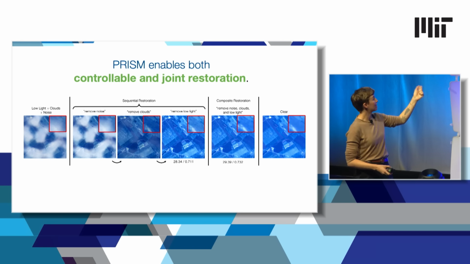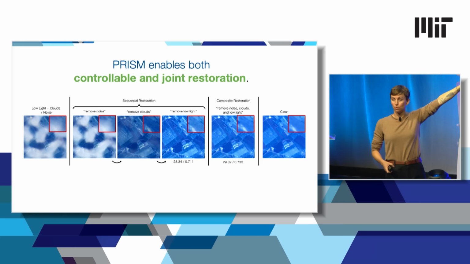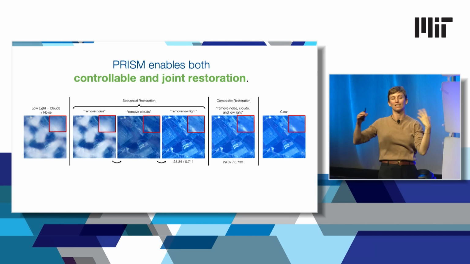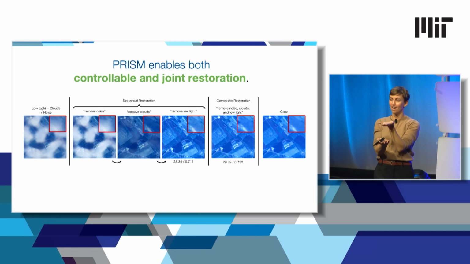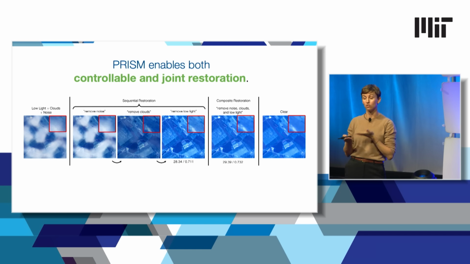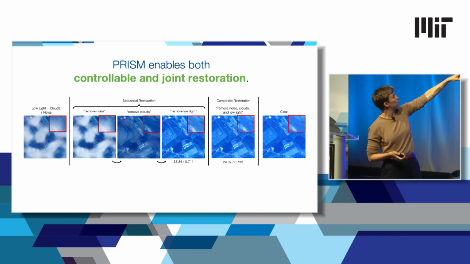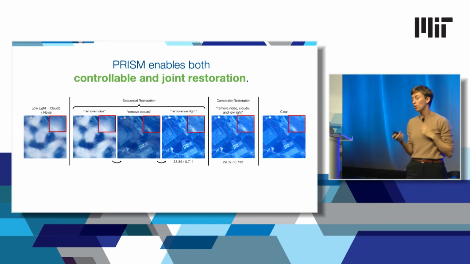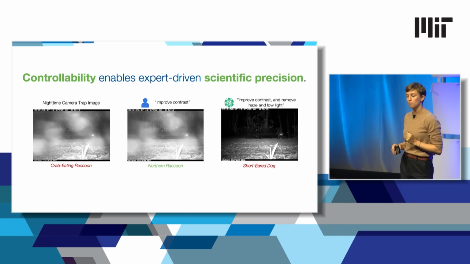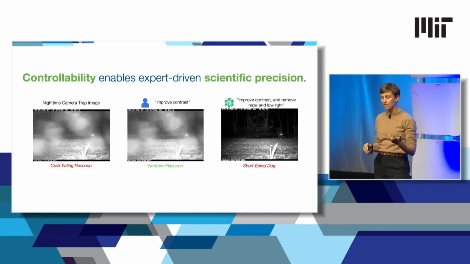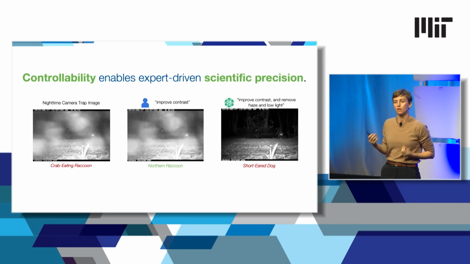And if we look at the true clear image, we've come up with a really nice way to evaluate the models, where we use difference over time to find the true value of what we actually want to recover. So we can evaluate on truth, not quality. We can see it actually is a really nice match, both qualitatively and quantitatively. And the cool thing about controllability is that it enables you as an expert to drive scientific precision.